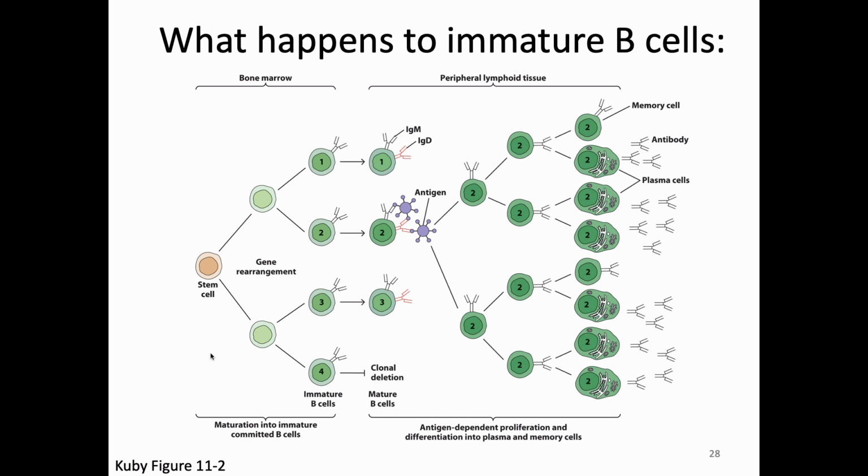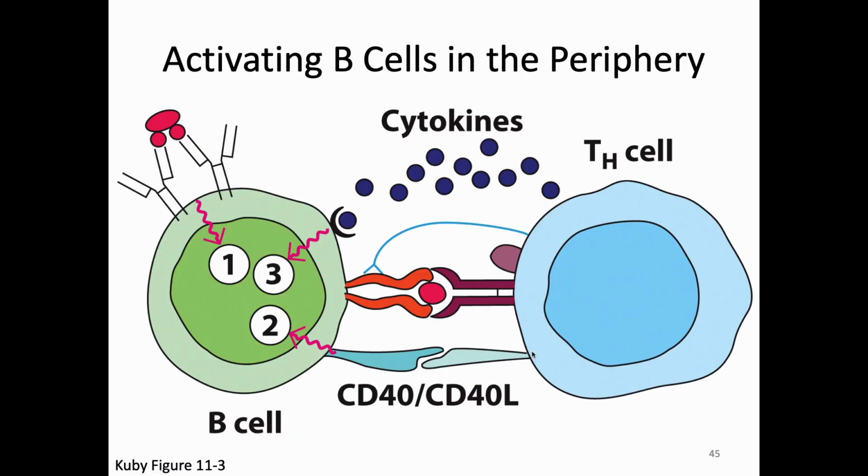One of those things is that the B cell actually needs to see antigen in the periphery. So these are things that happen after the B cell has seen antigen in the periphery. However, there's another thing that has to happen for this B cell to do these processes. And that is that the B cell has to interact with a T cell.